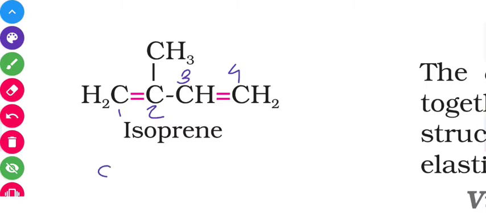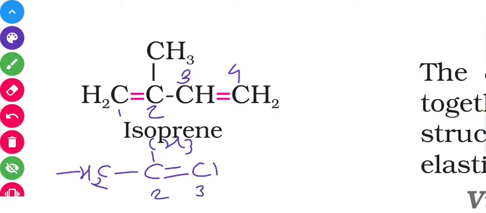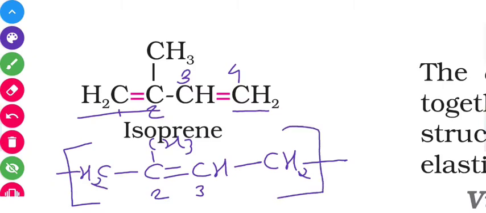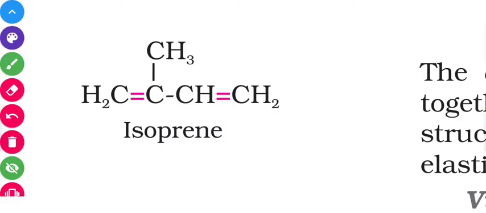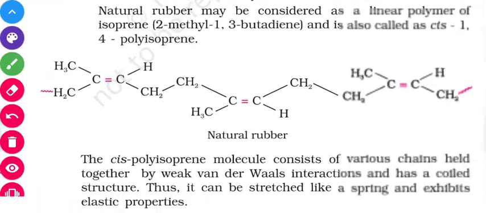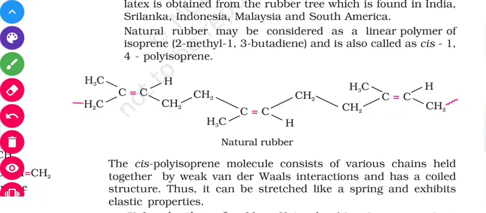After the reaction, the double bond is shifted between the 2nd and 3rd carbon like this. So the 4th and 1st carbons need to form bonds, and they end up forming bonds with the adjacent molecule. Multiple monomers of the same type combine with each other and you get rubber, which we can see here. So here we have natural rubber.